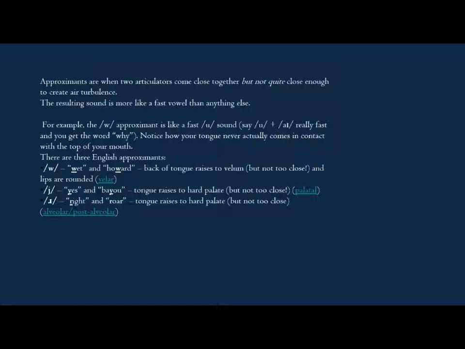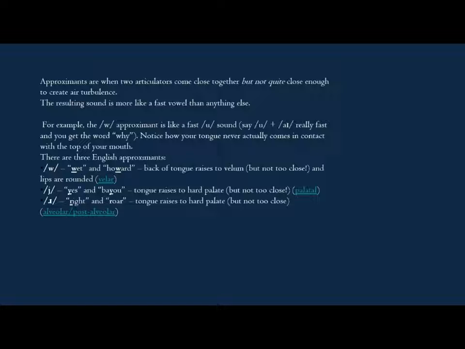For example, the w approximant is like a fast U sound. Say U plus AI really fast and you get the word "why." Notice how your tongue never actually comes in contact with the top of your mouth.